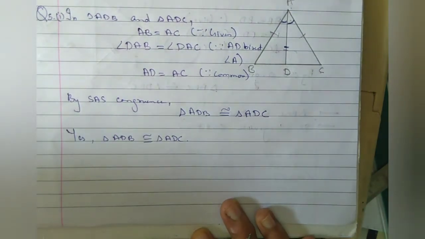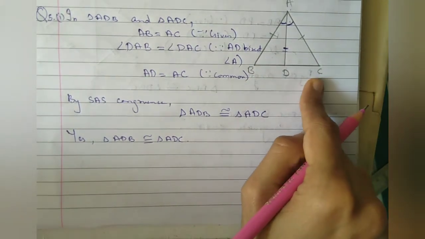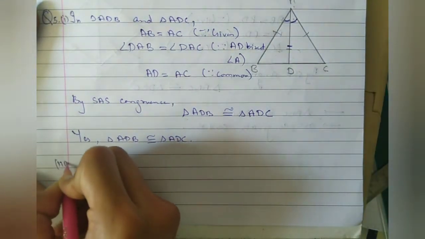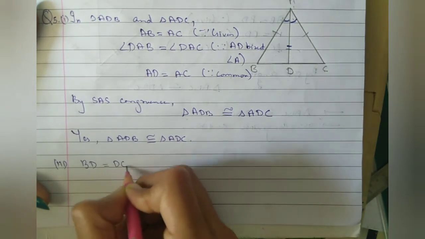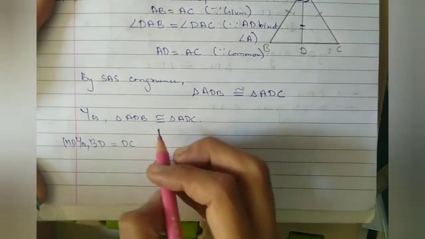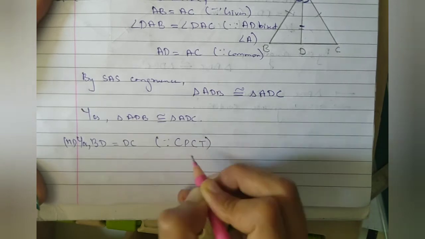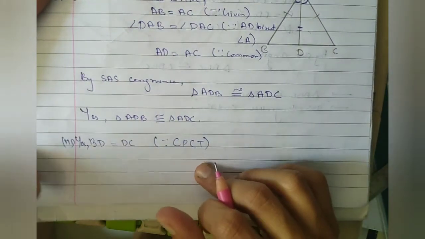Now the third one we have: is it true to say that BD equal to DC? Yes. Why? Because of CPCT, corresponding parts of congruent triangles.